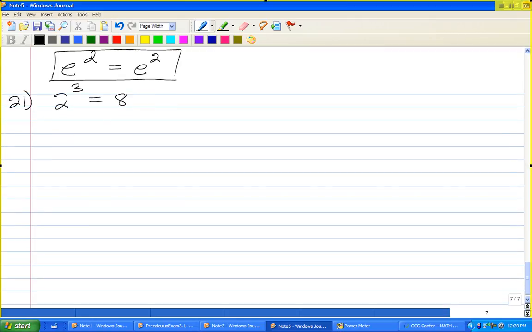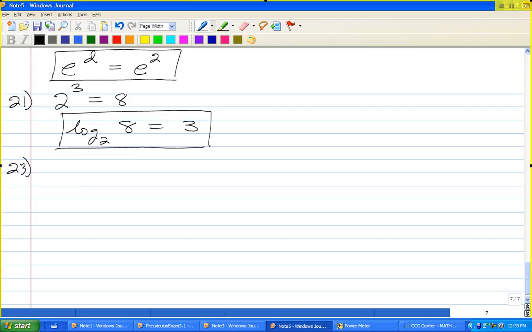That can be written as the log base 2 of the result 8 is equal to the exponent 3. 23. 3 to the -2 is 1 over 9.